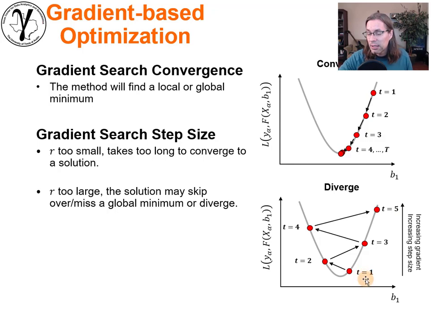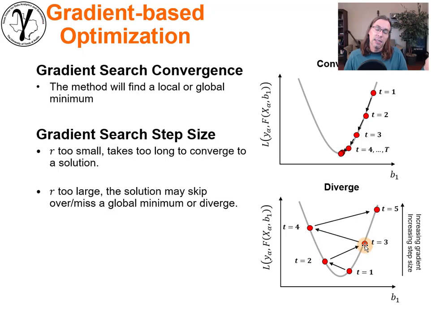Now, let's do this. If I start right here, that's my initial guess, and this gradient is going that direction, but I put in a very big step size. I'm going to jump past the minimum, and I'm going to go up the other slope higher. Now, because I've gone higher, when I estimate the gradient there and take my step, it's a bigger step back the other way. And I end up even further away from the minimum.